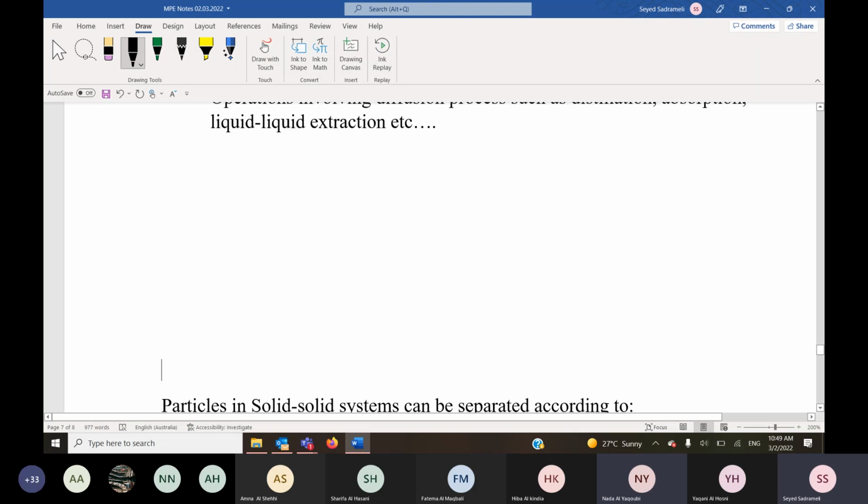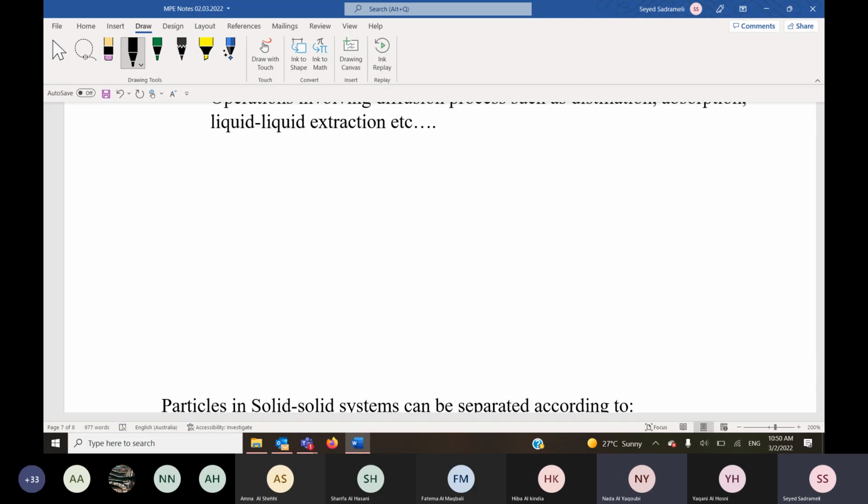So for example, in the distillation column, we have the trays inside the column and the mixture of the liquid. You boil the liquid inside the column.